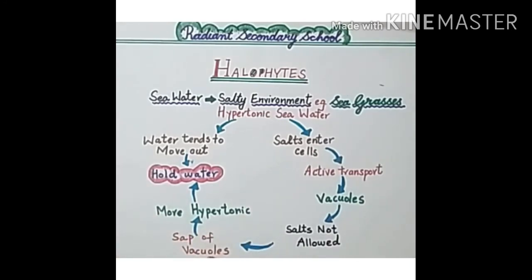When the sap of the vacuole becomes more hypertonic, then the water is held inside the cell and water is not allowed to move out. In this way, the cells of the plants, that is halophytes, tend to retain the water inside the cell and do not let it out.